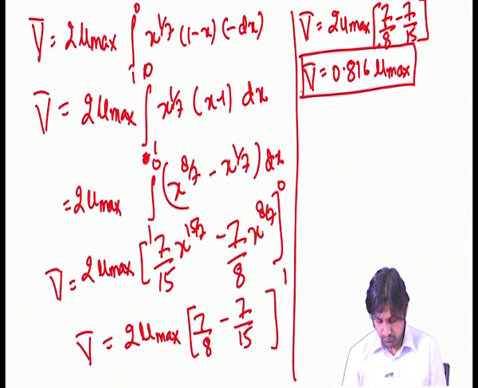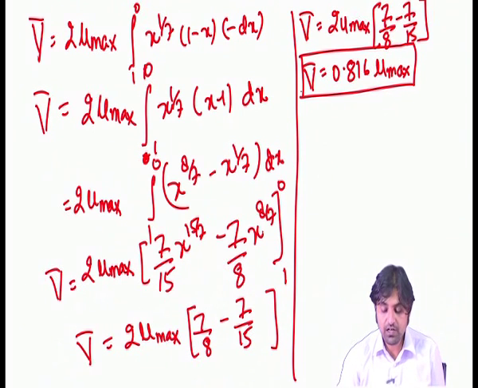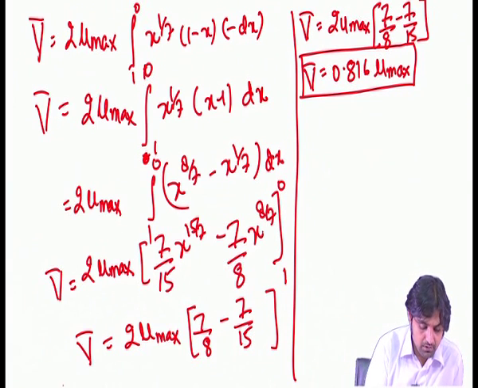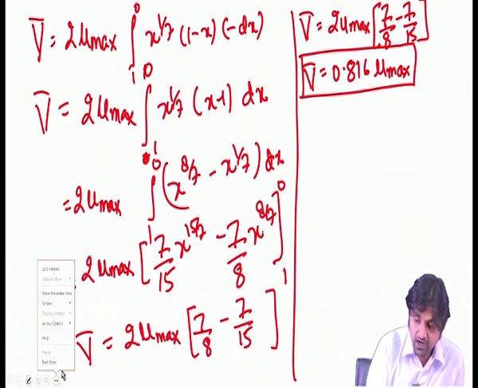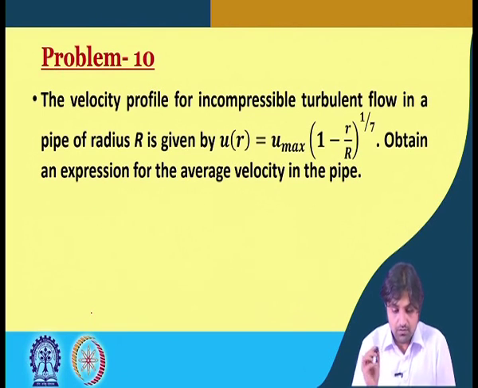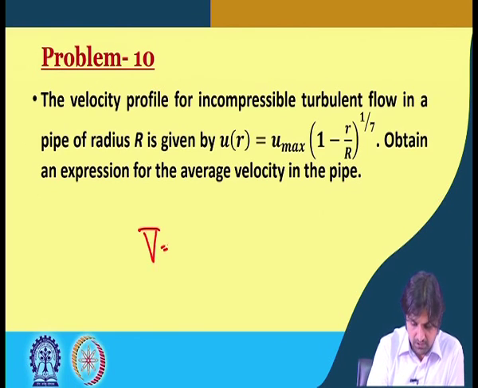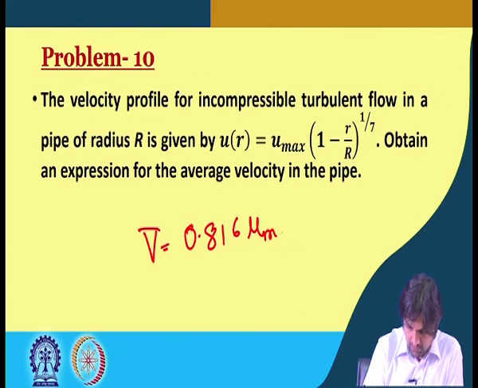So this is actually a general way to calculate the average velocity. It does not matter what the profile is, this is how you are going to proceed. So, the expression, I will write it down here as well, is 0.816 u max.